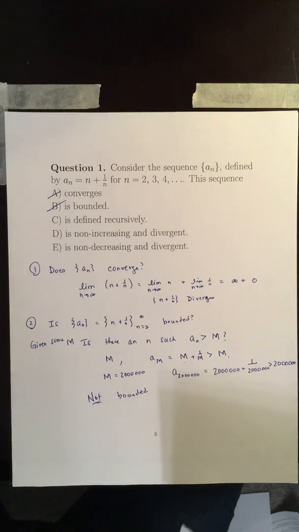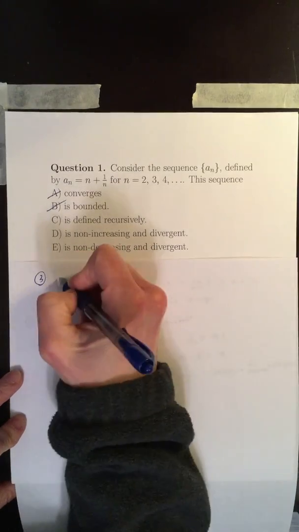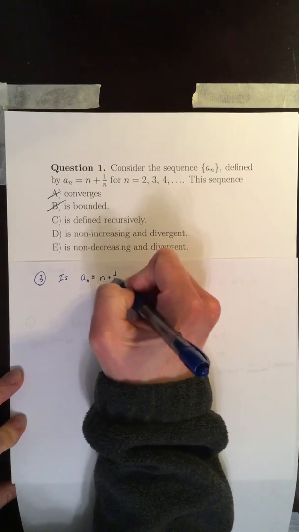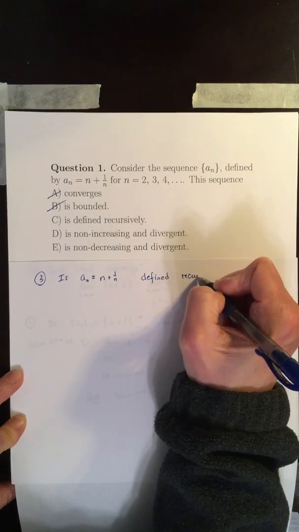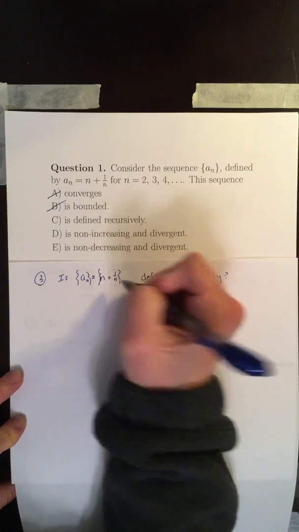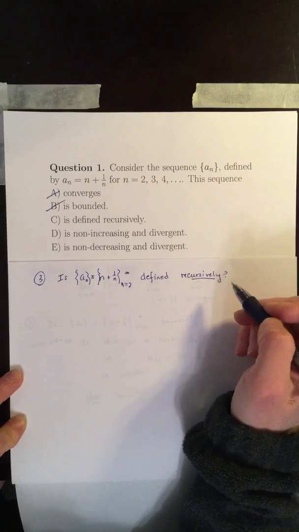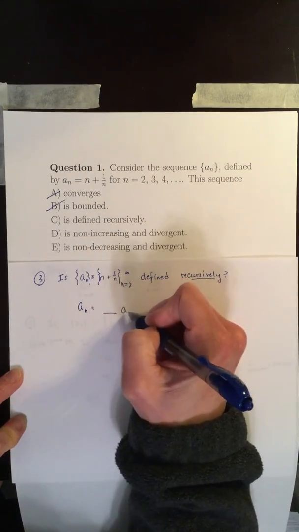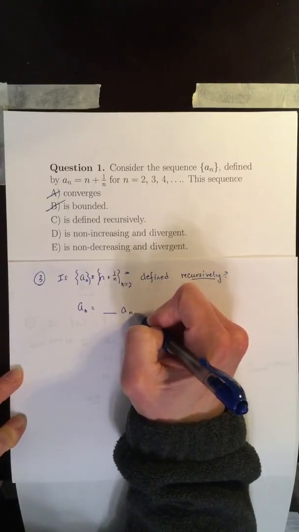Is a sub n defined recursively? Well, in order to be defined recursively, we would say that a sub n is written in terms of some operation that we perform on a sub n minus 1.